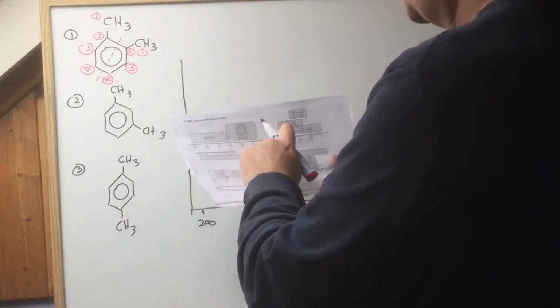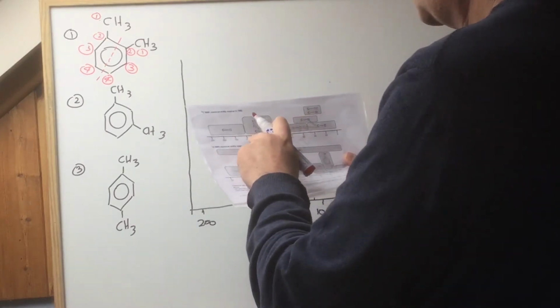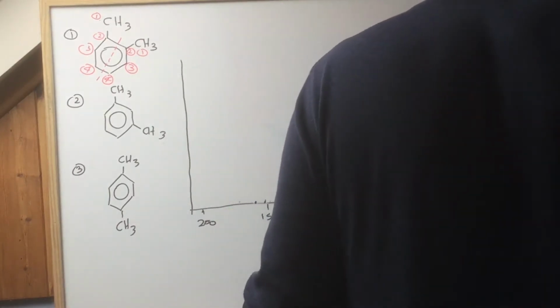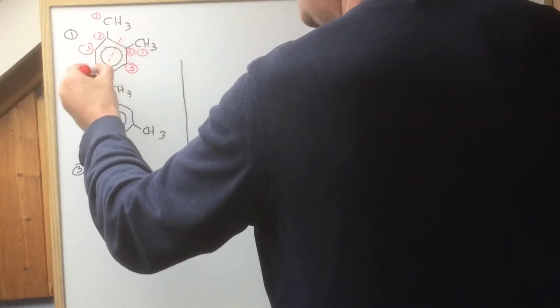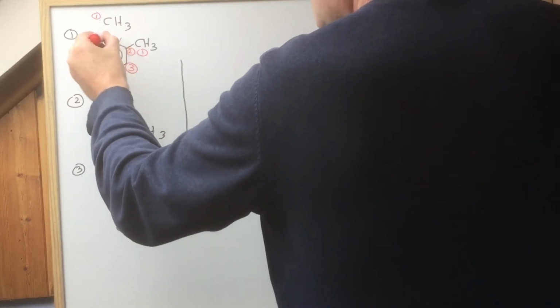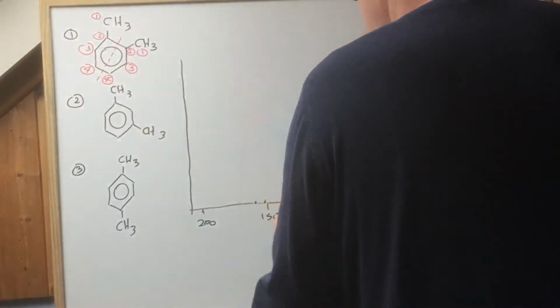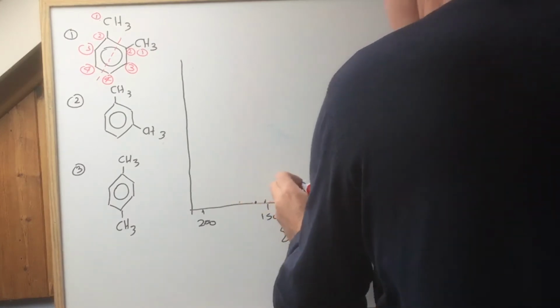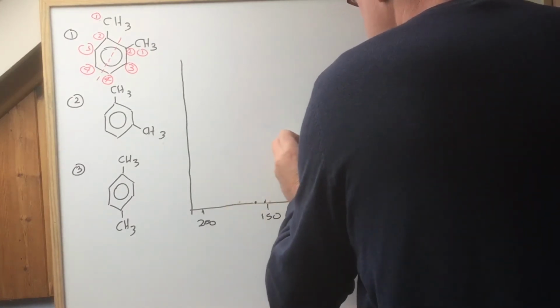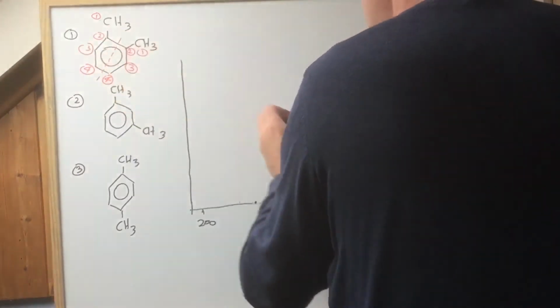The region here, 110 to 160, are going to be these carbons, but one peak, because those two are the same. I keep on forgetting, 110 to 160 here. 2.